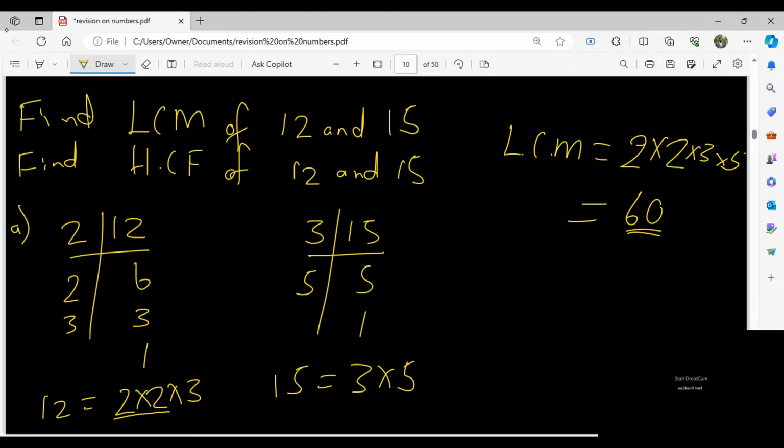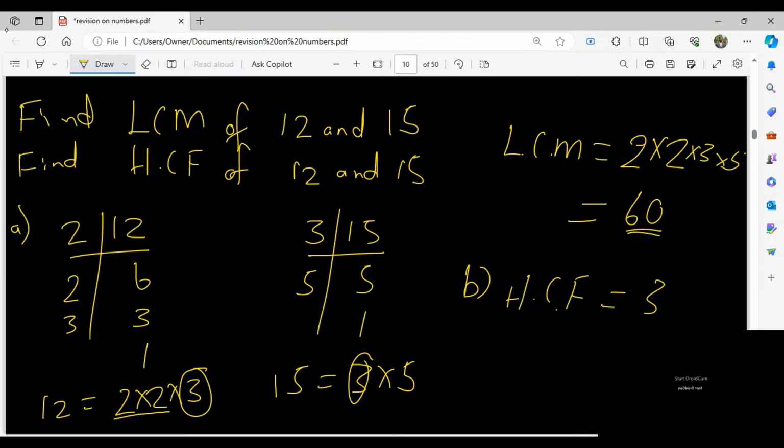And then B, for finding the highest common factor, it's very simple. We just look at the factors here. We have a 2, there's no 2 here. There's another 2, there's no 2 here. There's a 3 this side, and there's a 3 that side. So the highest common factor, because we have a 3. Is there another common factor?